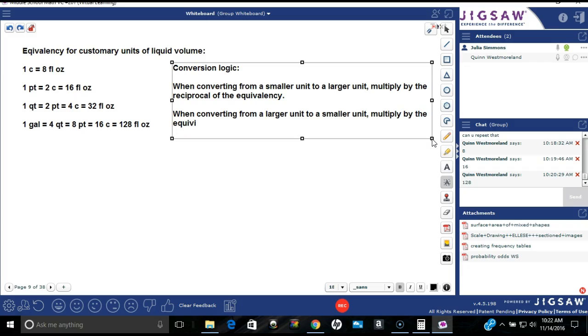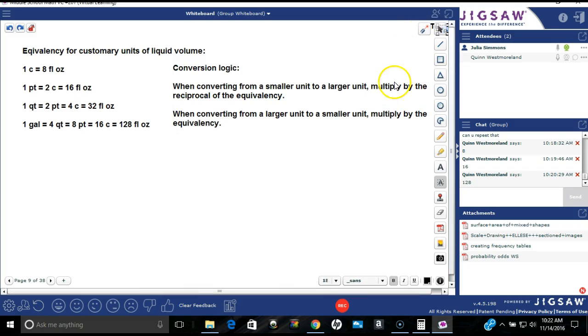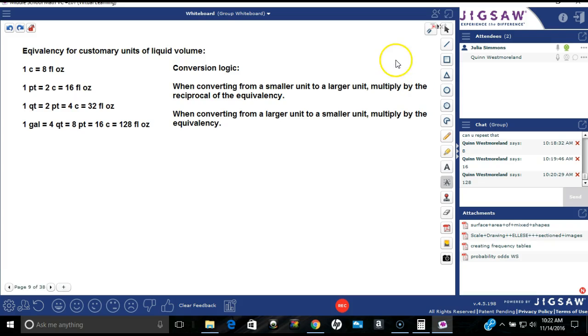So that logic is not changing from one unit of measurement to the next. It doesn't matter whether it's length or liquid volume, that conversion logic stays the same. So let me know when you have this written down and we can move forward.